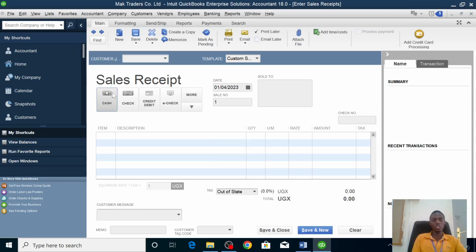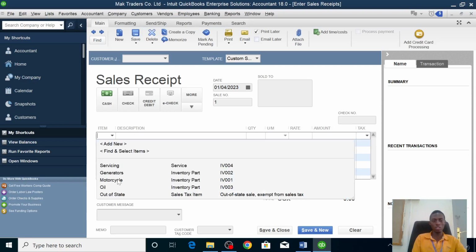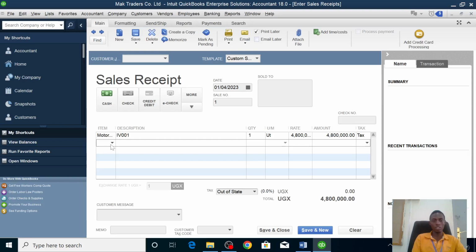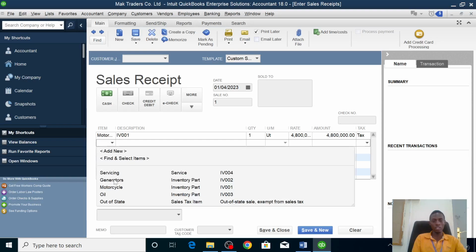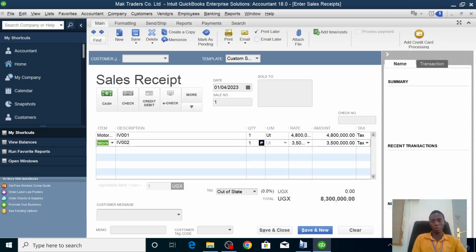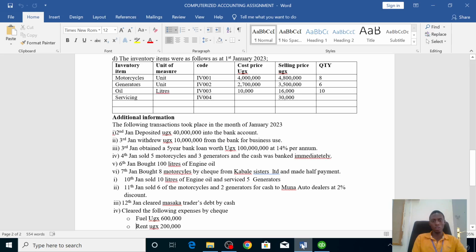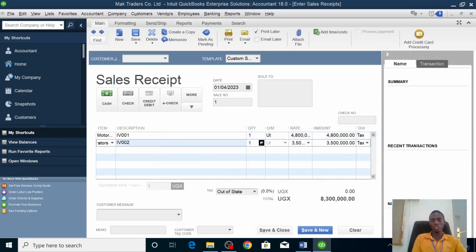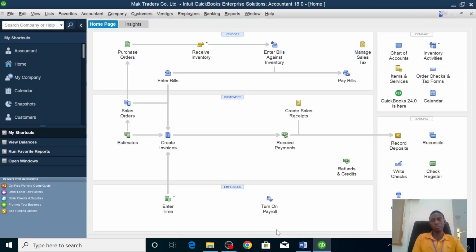It was cash. Item, I have motorcycles and the generators. Motorcycles are 5 and 3 generators. Then I can say save and close.